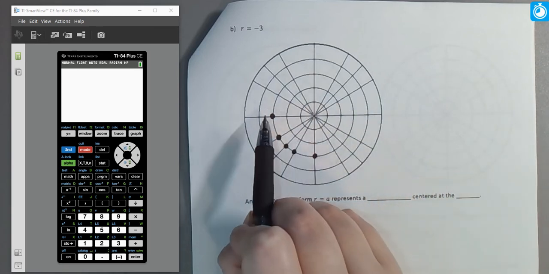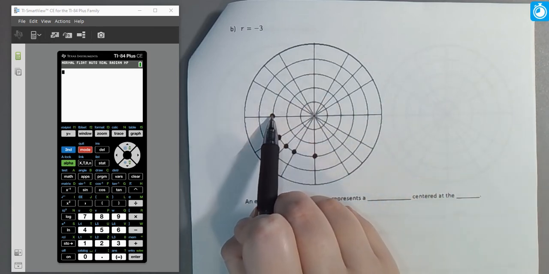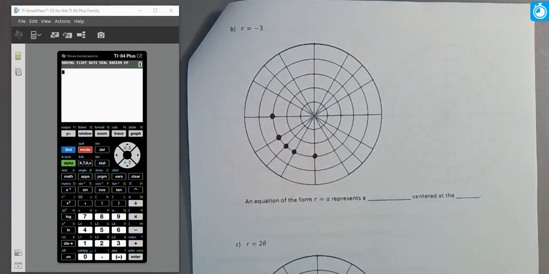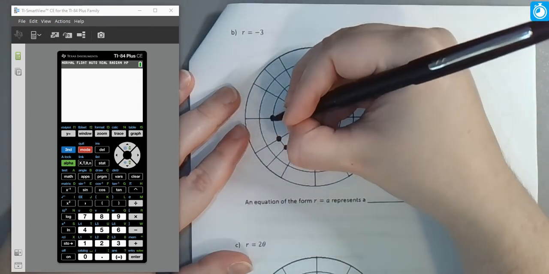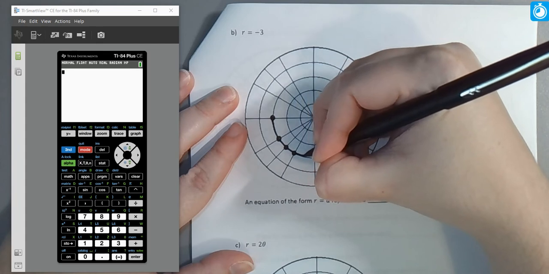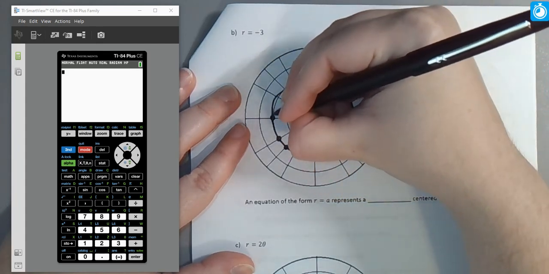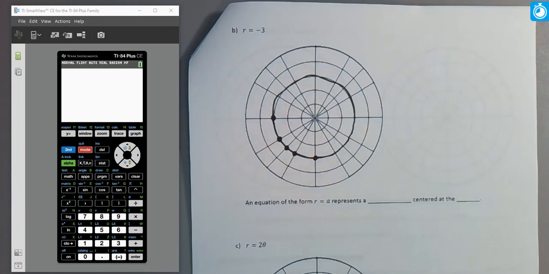Our first point starting from theta equals 0 starts along the negative polar axis. But otherwise, we're just graphing a circle, specifically a circle centered at the pole with a radius of 3. So not very pretty, but you get the idea. There's the equation of our graph.